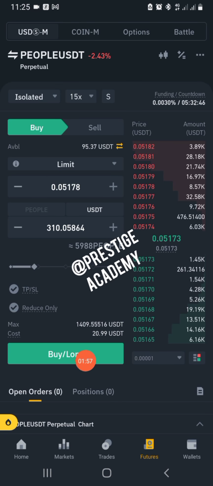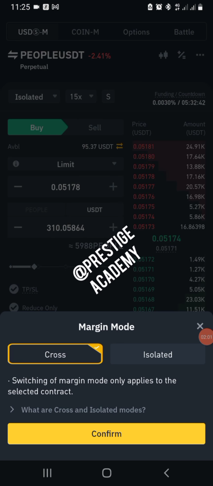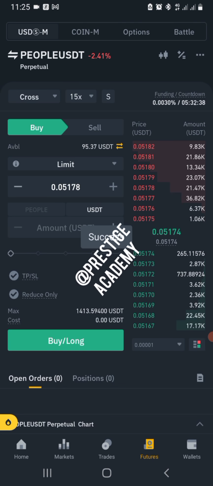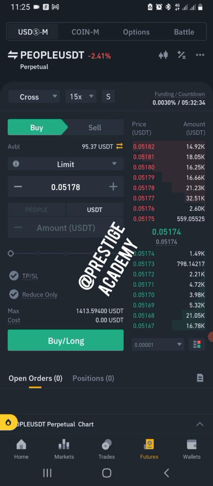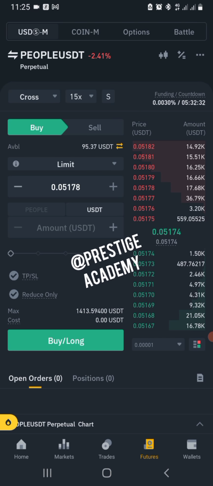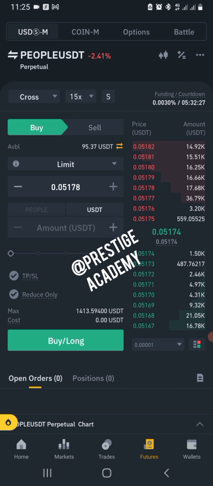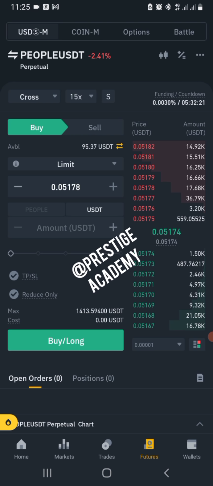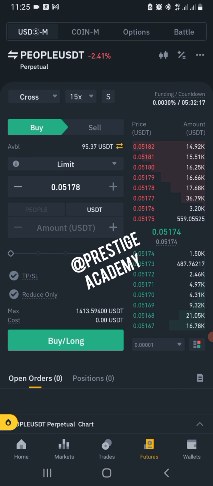Now if we change this isolated to cross, as you all know, futures trading is more like trying to leverage, or take advantage of the coin's performance in the market. You're not owning that asset. You're trying to take advantage of the futures performance of that coin.